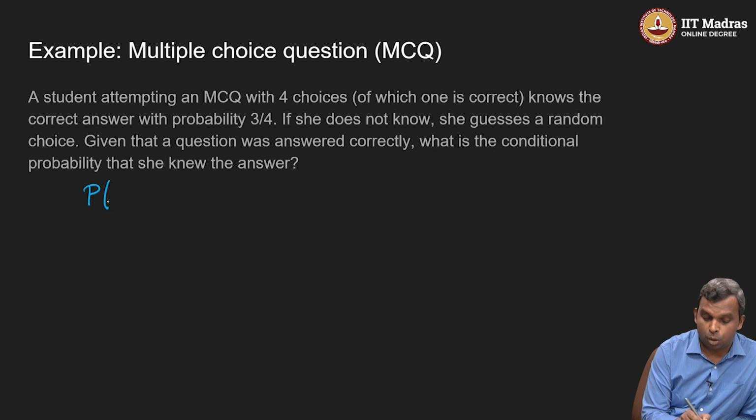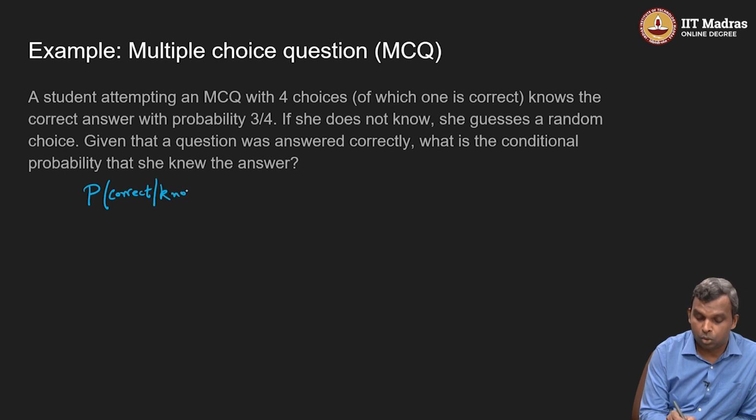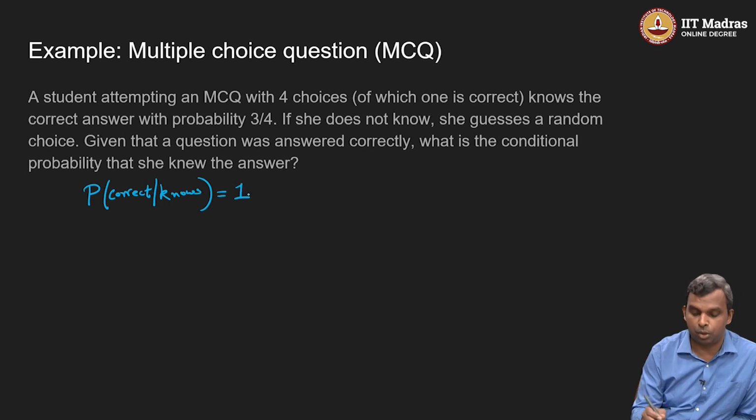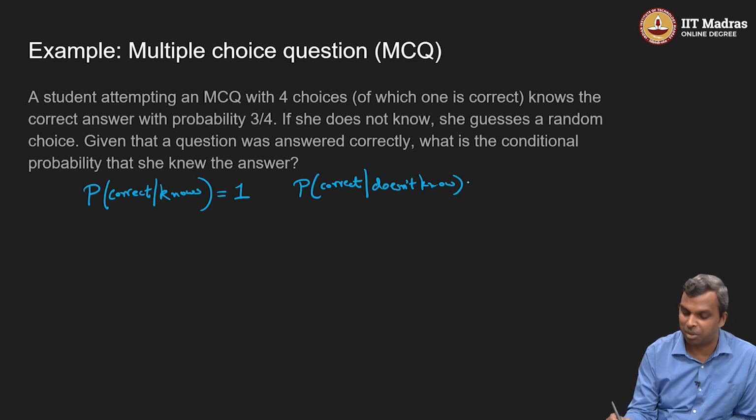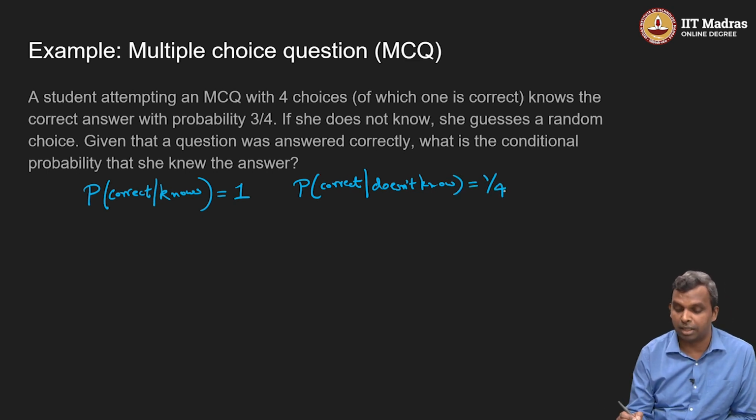Probability of correct given knows is actually 1, right? If you know the answer, you're going to be correct. Probability of correct given doesn't know, I'm writing everything in English just to keep it very simple, this is going to be 1/4, isn't it?